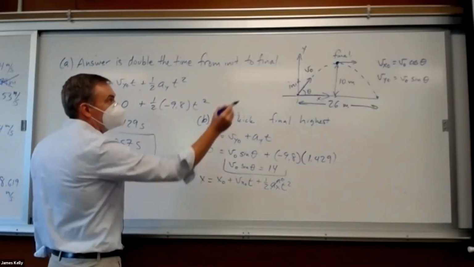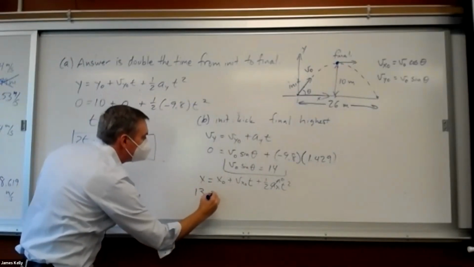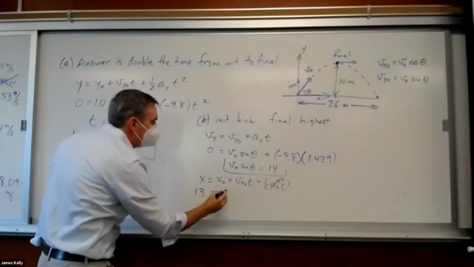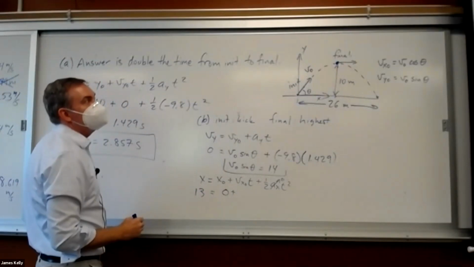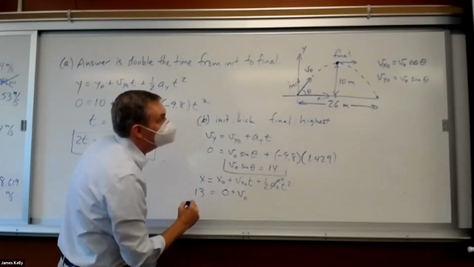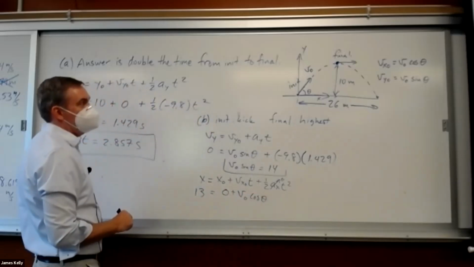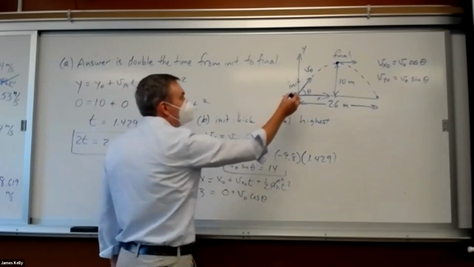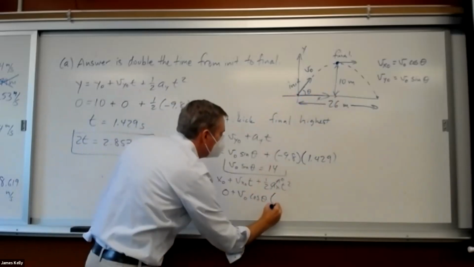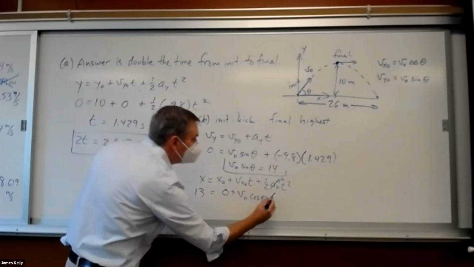X final, for this initial and this final, is 13. X initial is 0. Vx initial involves the same two unknowns that I had before. It's V0 times the cosine of theta. And the t I'm going to use is the same amount of time, because I'm using the same initial and final. So that t that I plug in right there is 1.429.